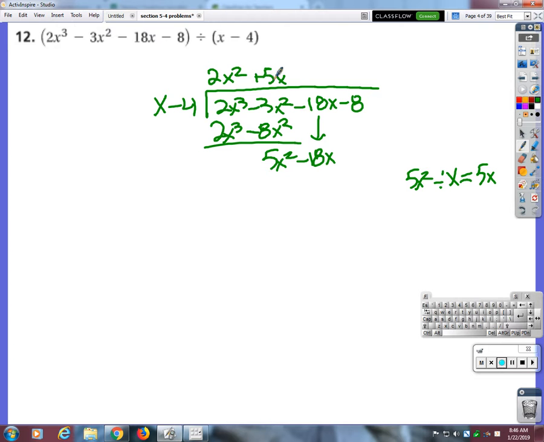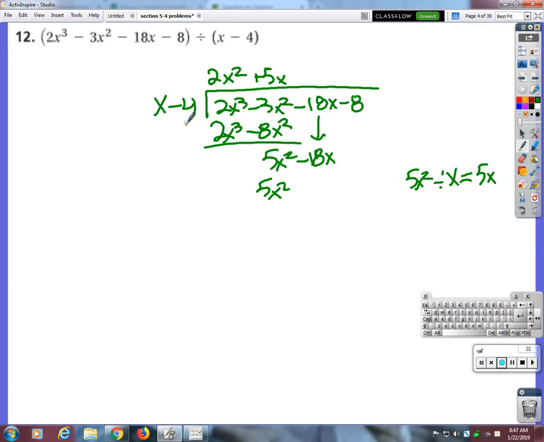Now I'm going to multiply these two things by that 5x, and when you do that, 5x times x is 5x squared, because x times x is x squared.